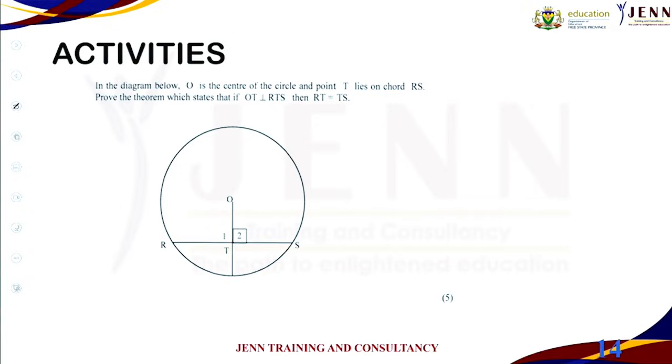This is one of them: the line from the center perpendicular to the chord. If you are given OT and RTS is perpendicular, so that angles T2 and T1 are 90 degrees, then you must prove that RT is equal to TS. I will leave this proof to your respective educators.